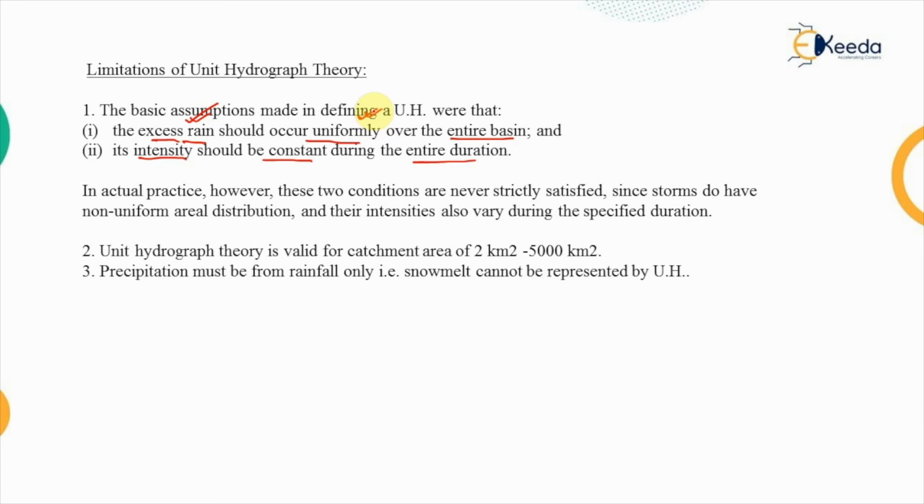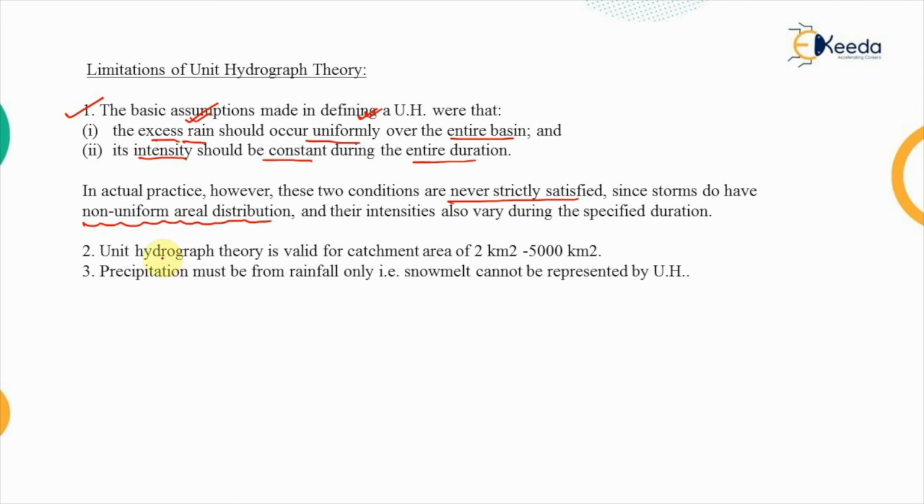It may happen, and it does happen, that the rainfall is more in certain parts of the catchment area, while on other parts the rainfall intensity may be very low. So in actuality, these conditions are never strictly satisfied because storms have non-uniform areal distribution. So that is one limitation.